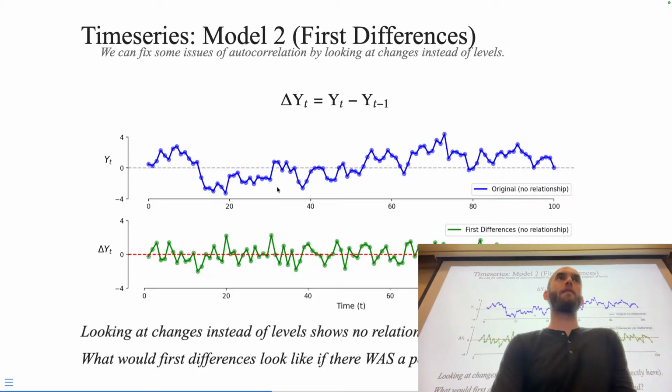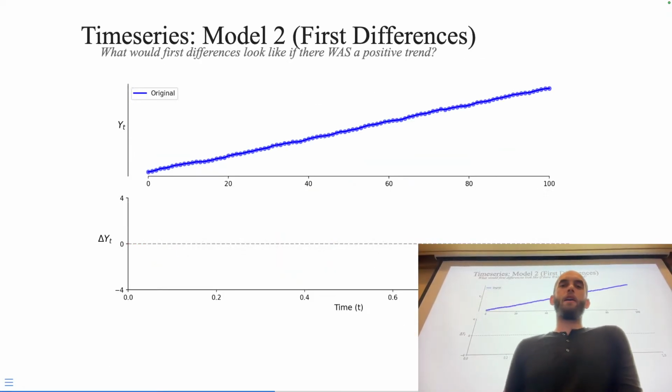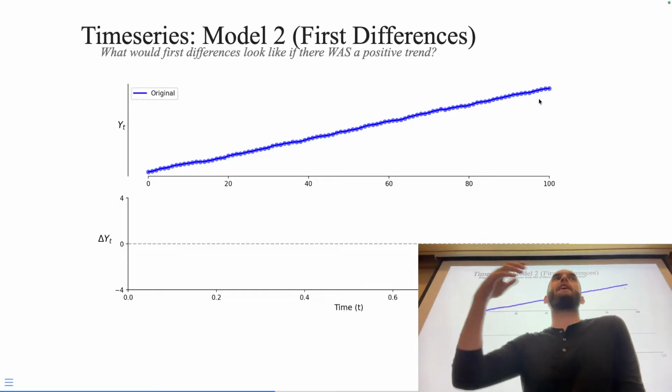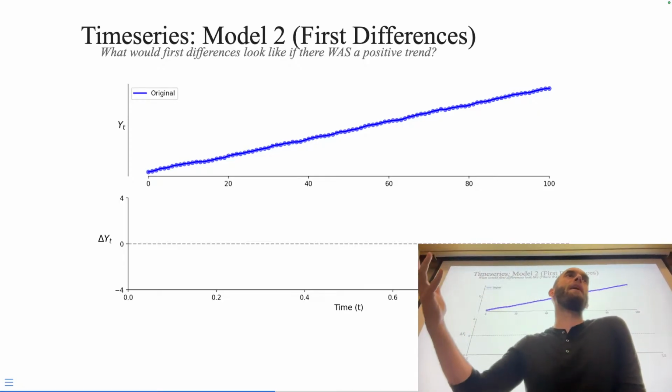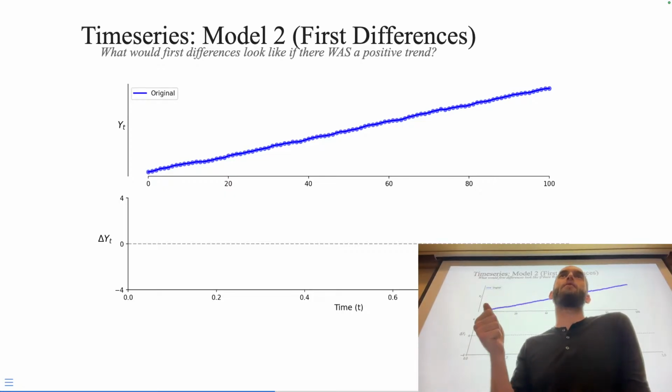What if there was a trend? Well, for the sake of getting you out of class early, I'm going to answer my own question. Here's the original data, yt, and this does have a trend. It looks like yt, whether this is GDP or whatever measure we're measuring, is increasing through time.